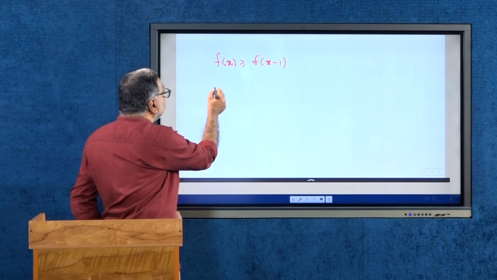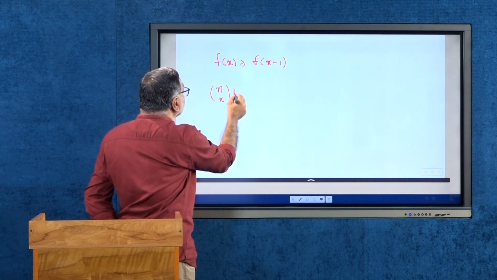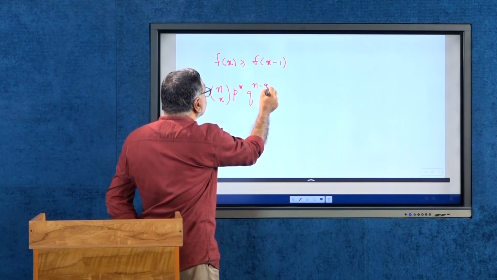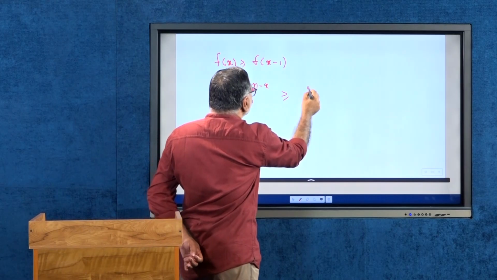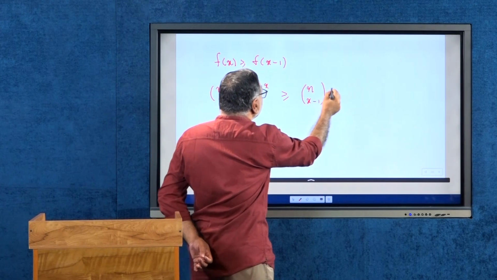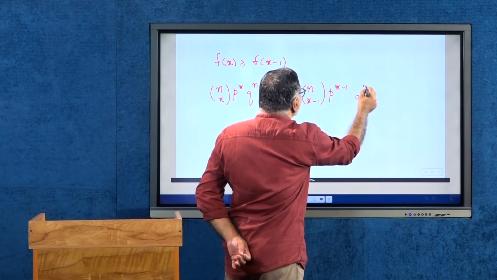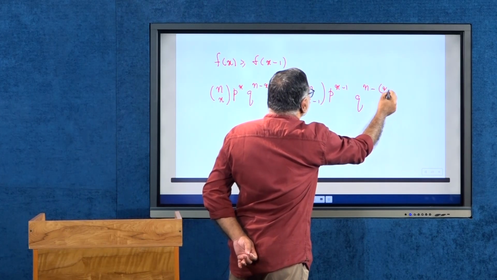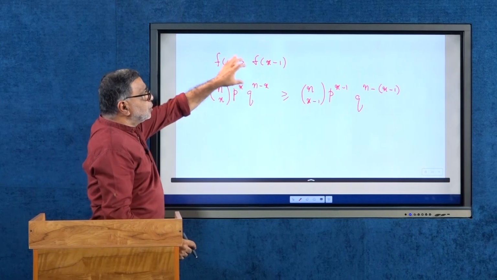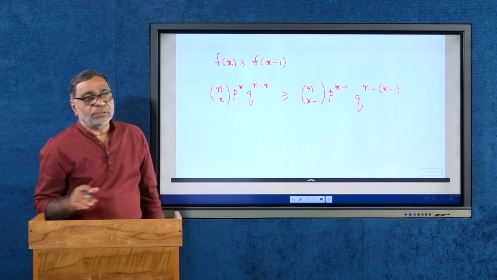That is, nCx p power x q power n minus x greater or equal to nC x minus 1 p power x minus 1 q power n minus x plus 1. So, when you substitute the values of f of x and f of x minus 1, this is the inequality.